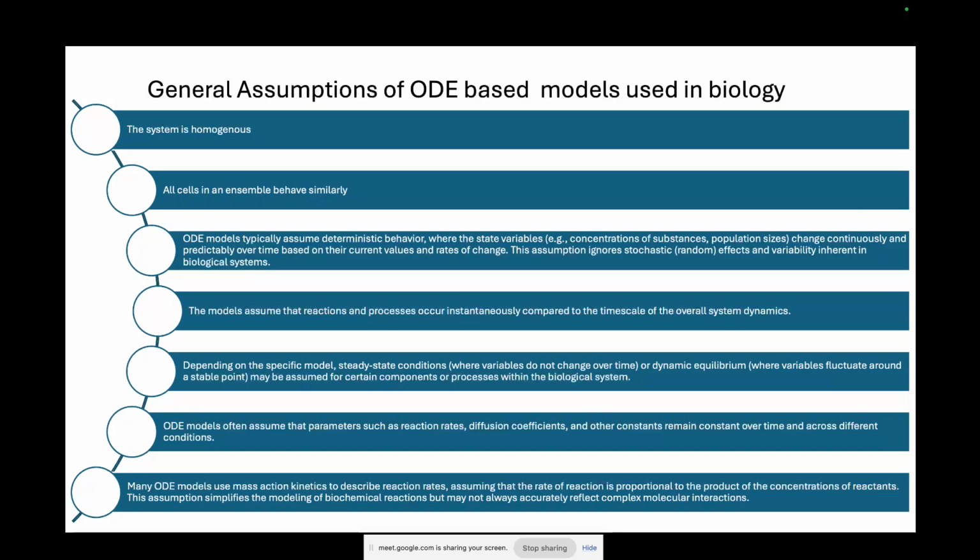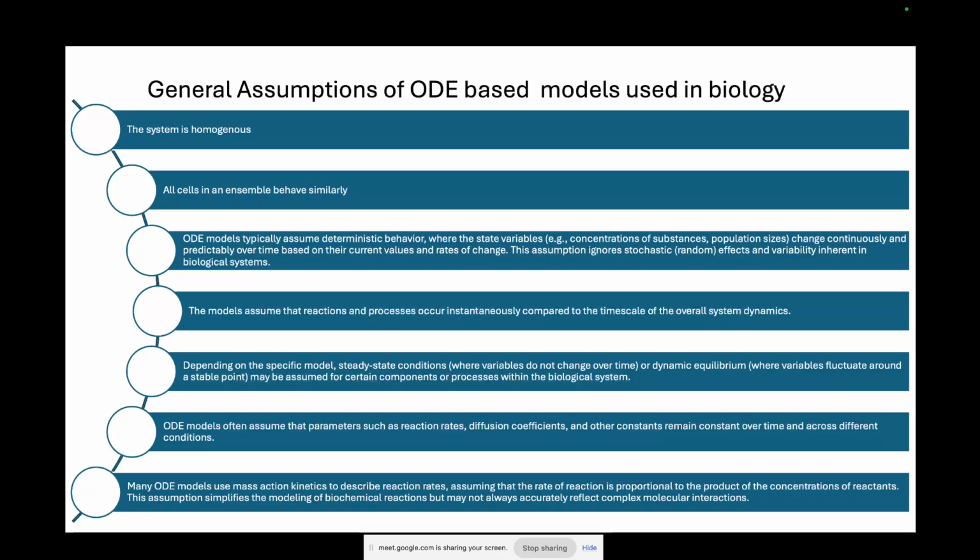Other assumptions include that the parameters such as the reaction rates, the diffusion coefficients, or any other kind of parameters that we are using remain constant over the time period the reaction is happening. If you think about it, it's not the case in real life, because the reaction rate will not be constant. It will depend on the environment of the cell.